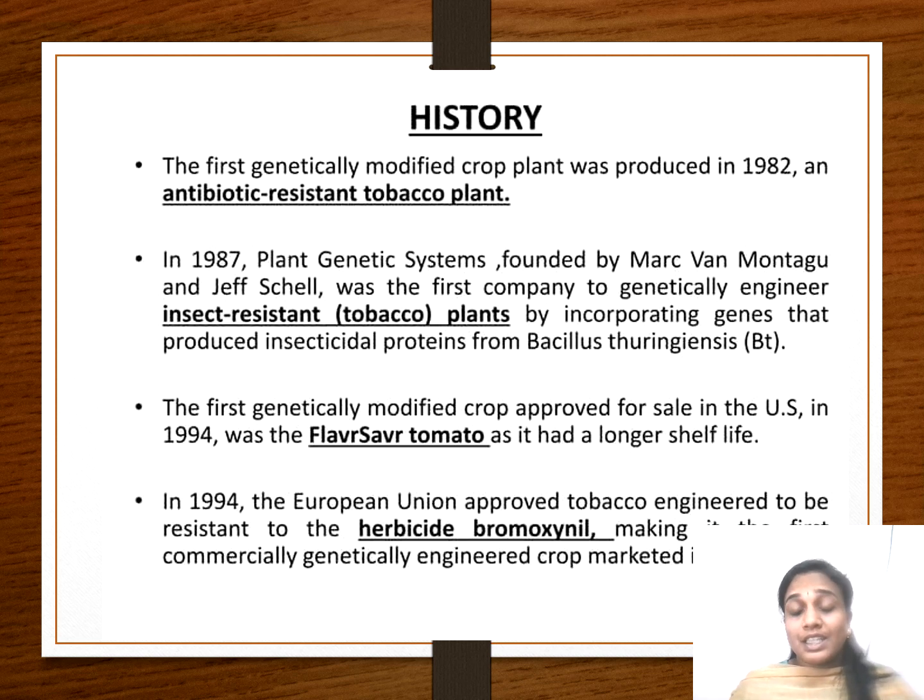In the year 1987, Plant Genetic Systems, founded by Marc Van Montagu and Jeff Schell, was the first company to genetically engineer insect-resistant tobacco plants by incorporating genes that produced insecticidal proteins from Bacillus thuringiensis, which is popularly called BT.